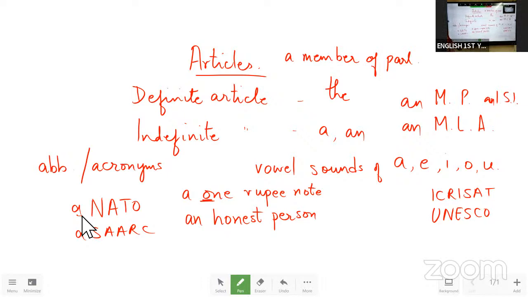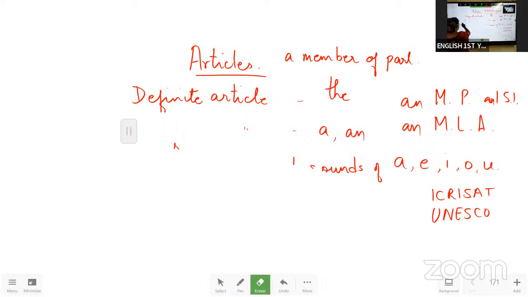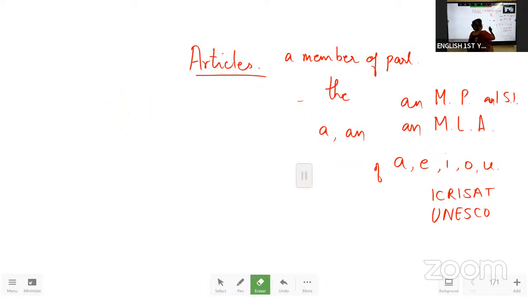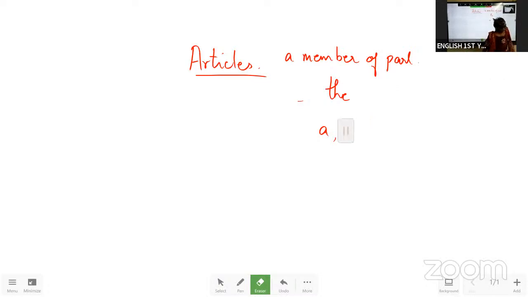And there is a definite article. When you specify anything, the mountains, the places and everything, the Himalayas, the river Ganges, because they are definite. There is only one river Ganges. There's only one Everest mountain. Then the word the comes.